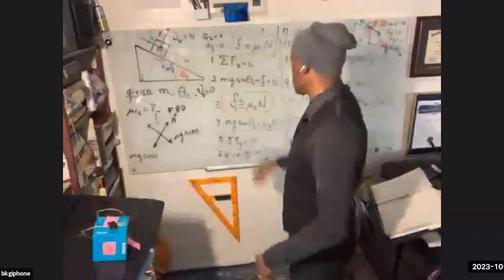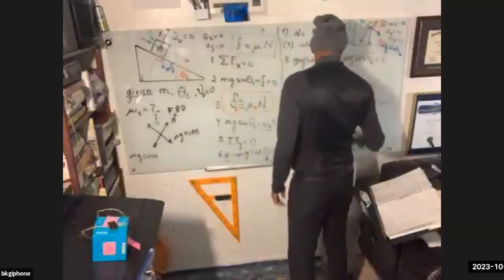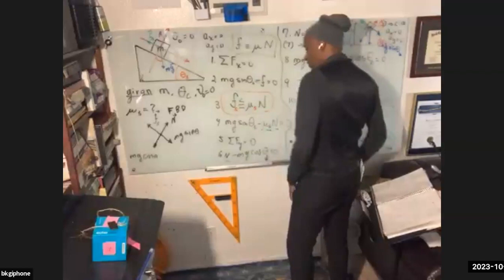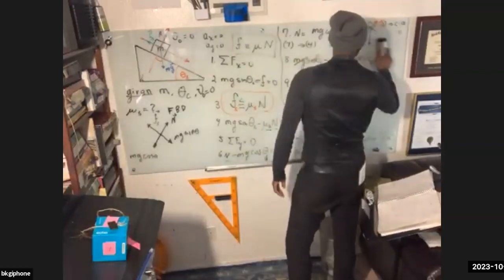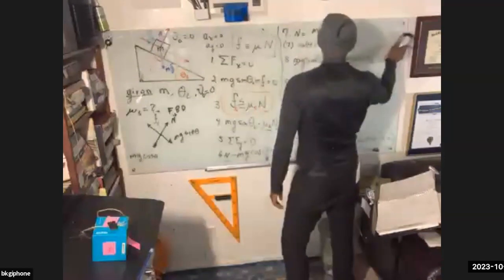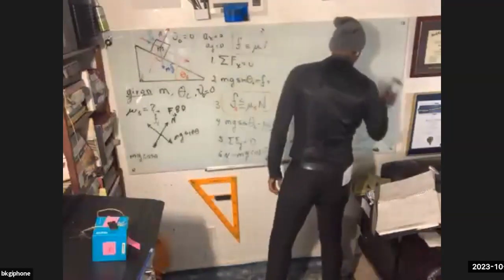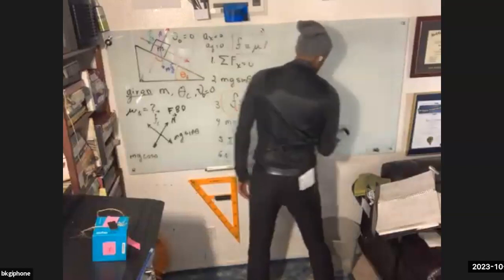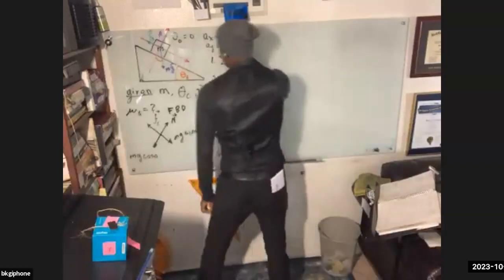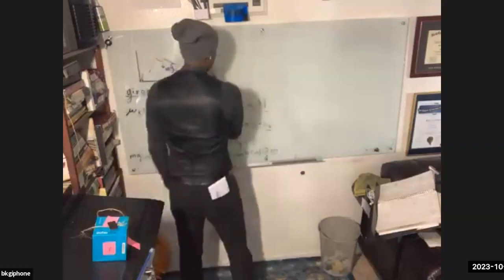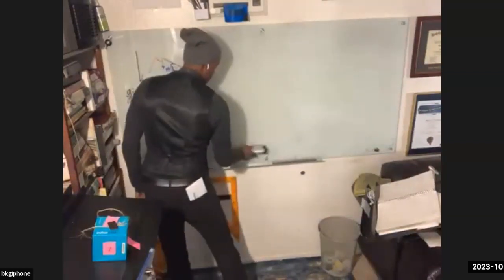So maybe this one would be good, where we go back and do this with the car on the track. But as opposed to looking for the coefficient, let's assume we know the coefficient, and let's find what speed it would be such that it didn't slip up or down.